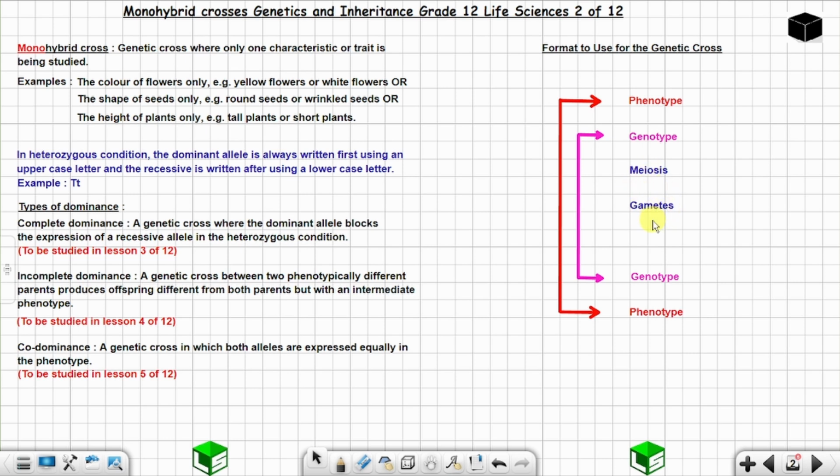Then the gametes go through fertilization so that they can combine, and you have a genetic makeup. This is P1, the parent generation, and then F1, F for filial. Filial is another word for offspring. We are going to see how to use this. Let's move on.